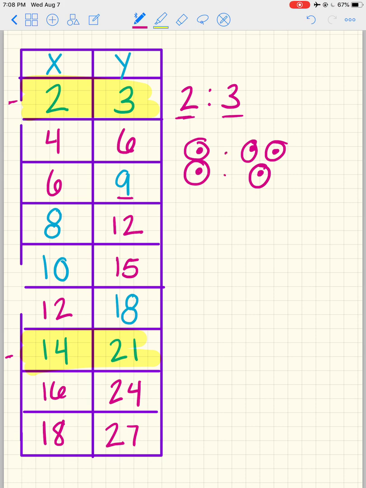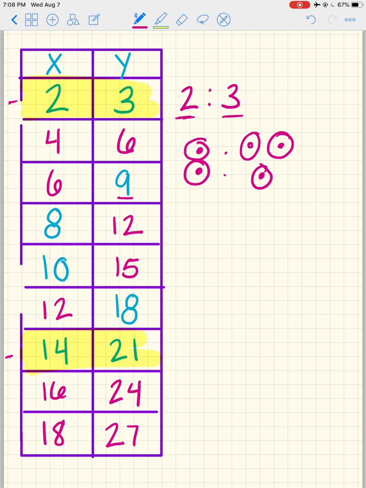So let's go on to the 14 and the 21. So see what we did up here? I'm going to clean this up a little bit. We had our 3 dots, and I'm putting them into groups of 1 for 3 total groups. It'll make more sense as we go along.